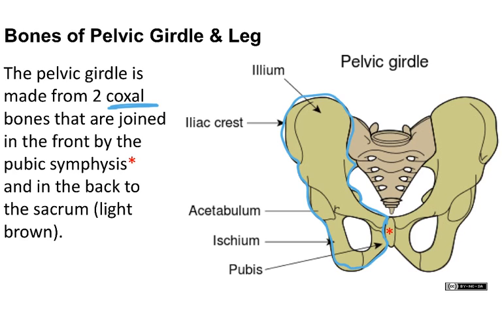Within each coxal bone, there are named areas. So the ilium up at the top there, the iliac crest, the acetabulum, the ischium, and the pubis, which is closest to the midline. I care that you know coxal bones, that the pelvic girdle is made of the 2 coxal bones.